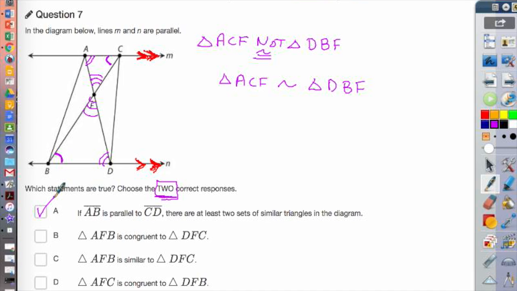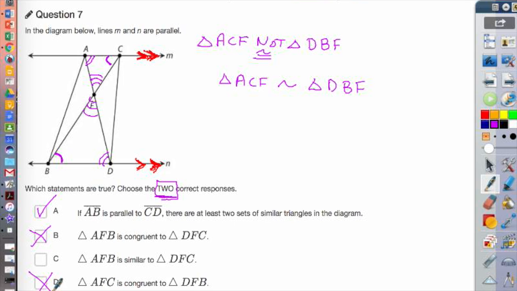Triangle AFB is congruent to DFC. Okay, we've already talked about congruent triangles. Just by looking at it, you can tell that one's not congruent. Let's look at this other triangle. AFC congruent to DFB. Okay, again, they're not even close to the same size.